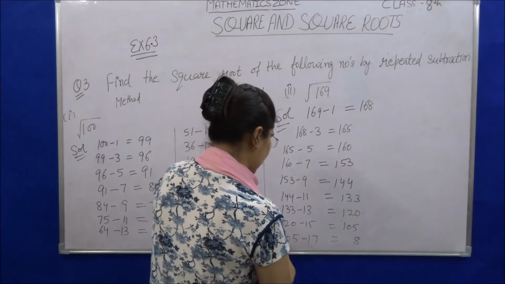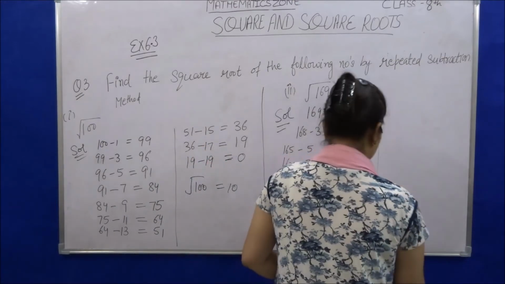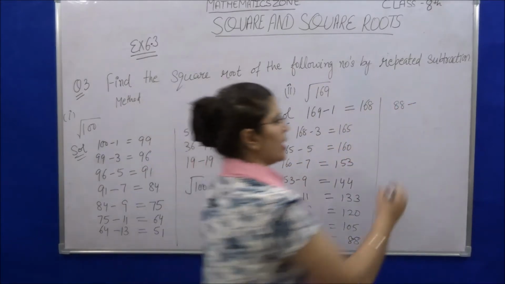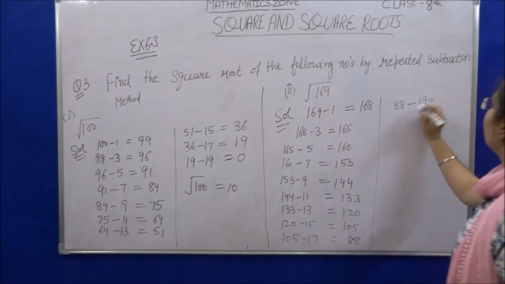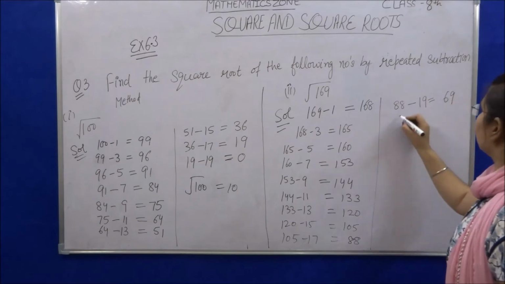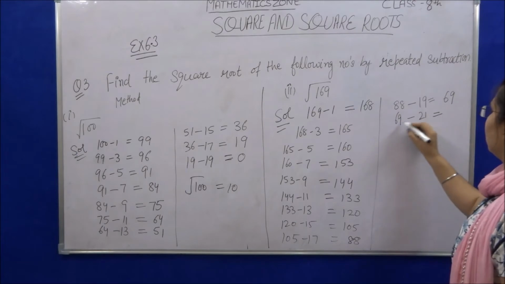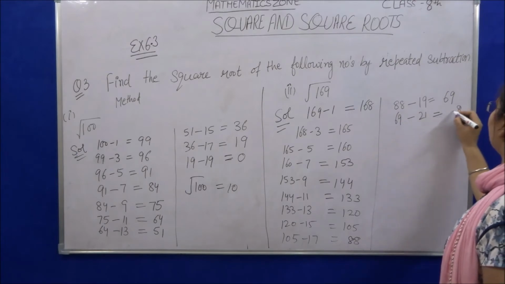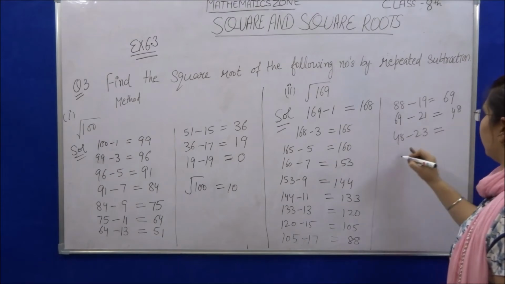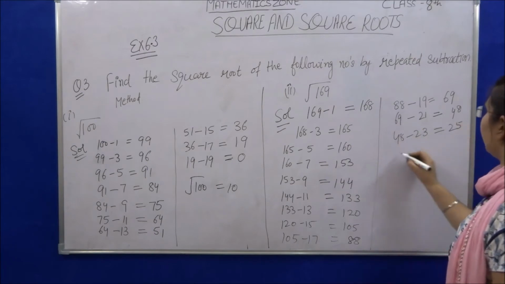88 minus 19 will be 69. 69 minus 21 will be 48. 48 minus 23 will be 25.